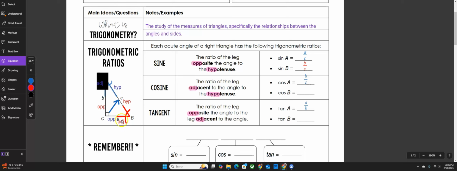So our adjacent side is lowercase a. Our hypotenuse is lowercase c. And finally, tangent is opposite over adjacent. Opposite side in this instance is now b, and adjacent is now a.